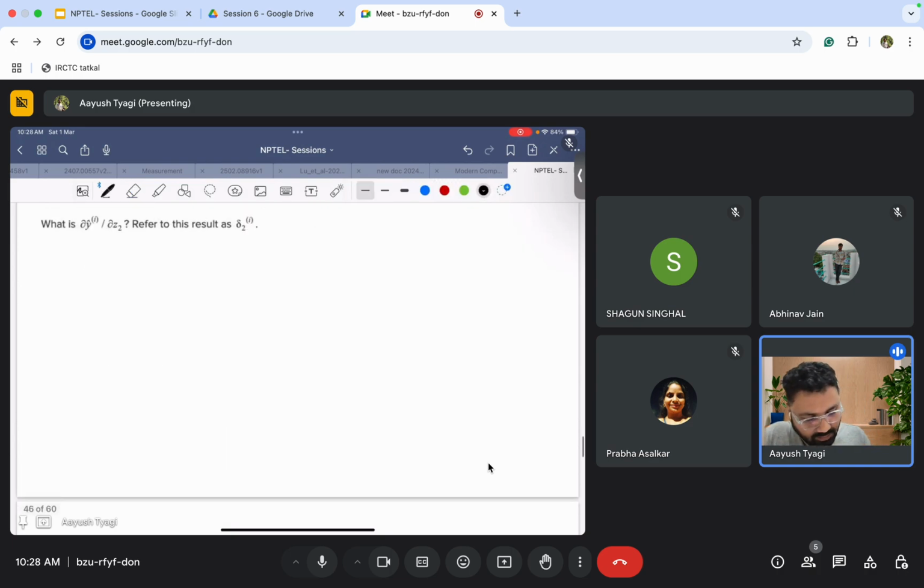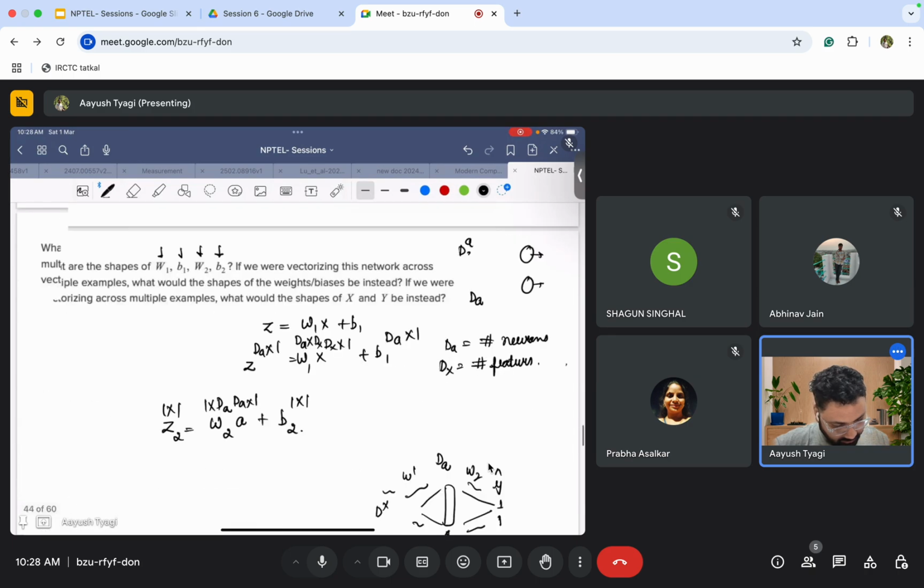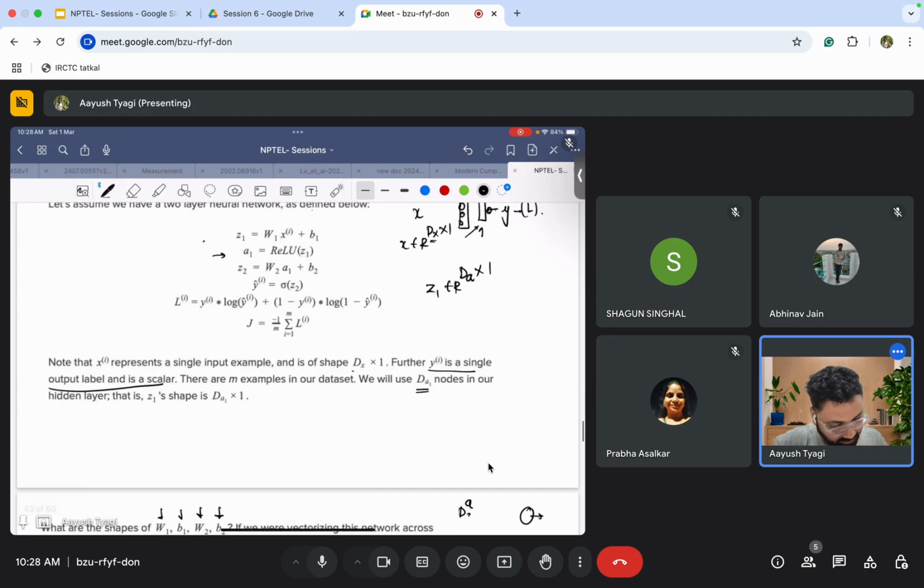Next is how to compute the derivative of y hat with respect to z2. Let us see what y hat is and what z2 is.